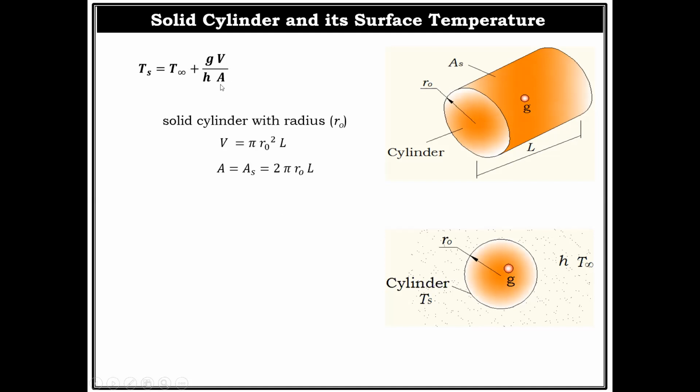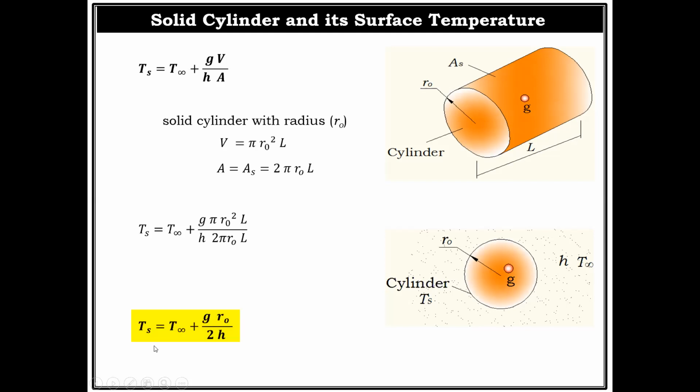Surface area is 2 pi RO L. So we will put the value of V and A in the above general equation. It becomes Ts is equal to T infinity plus G pi RO square L upon H 2 pi RO L. Now L gets cancelled, RO and square get cancelled, pi gets cancelled.